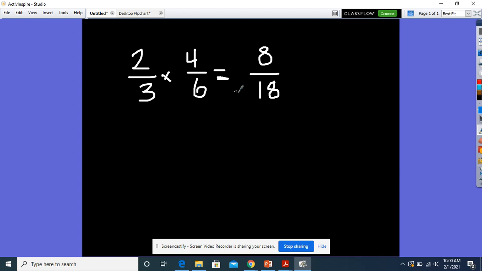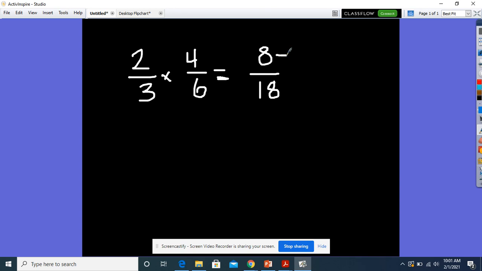So this is not an improper fraction, but this fraction can be simplified. And we do this by asking ourselves, what can both 8 and 18 be divided by? So what's the largest number that both 8 and 18 can be divided by? I like to start with 2 and then think about maybe 4. 18 divided by 4, that wouldn't work.